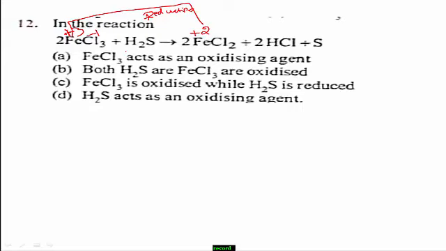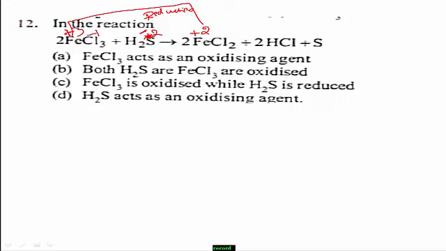FeCl3 is reduced and acts as which type of agent? It is an oxidizing agent. The oxidation number of sulfur in H2S in this reaction is, sorry, it is not +2, it is -2, right?